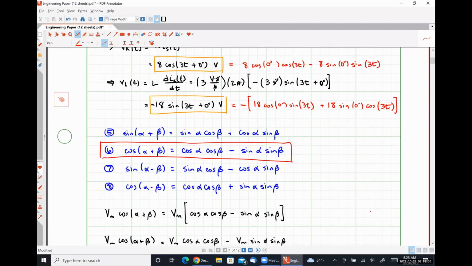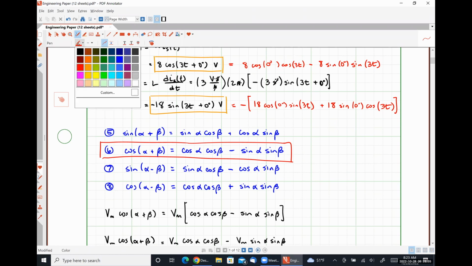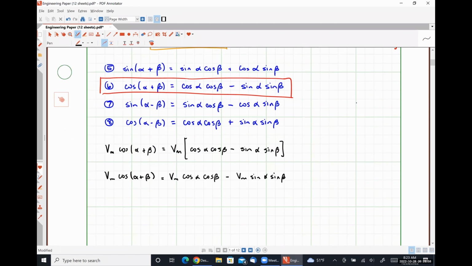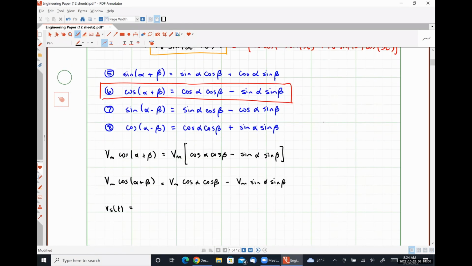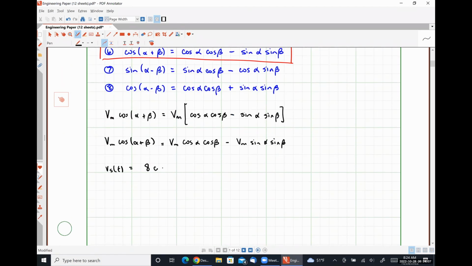So what I'm going to do now is I'm just going to add these things together. Down here at the bottom, I know that Vs of t is going to be 8 cosine 0 degrees cosine 3t minus 8 sine of 0 degrees sine of 3t.